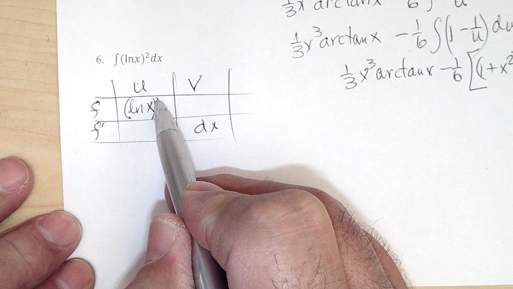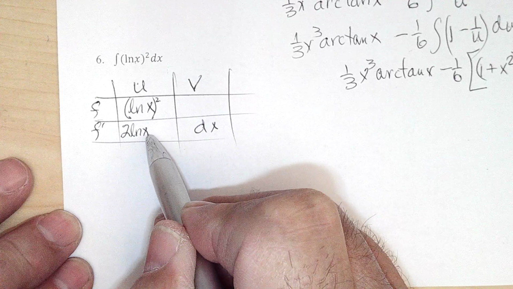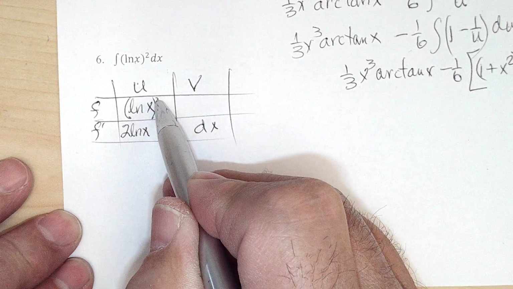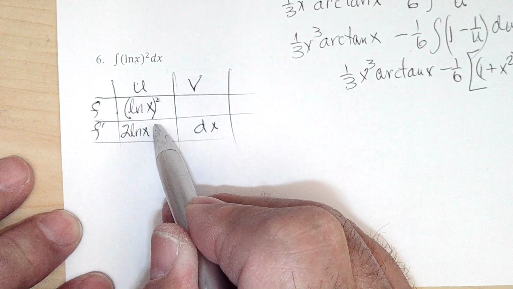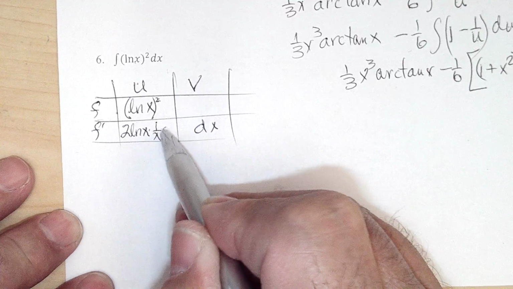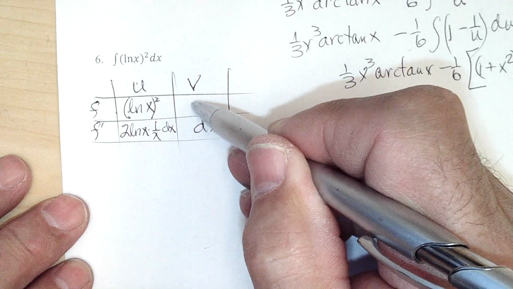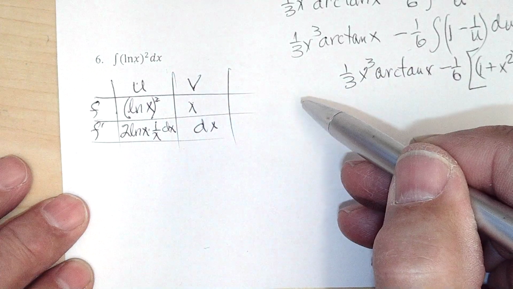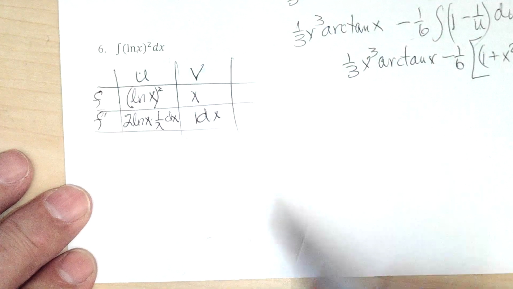So the derivative of this is going to be 2 ln x, the power rule, bring the 2 down, this to the 1, times the derivative of the inside, which is 1 over x dx. And the antiderivative of this is going to be x, because the antiderivative of 1 is x.